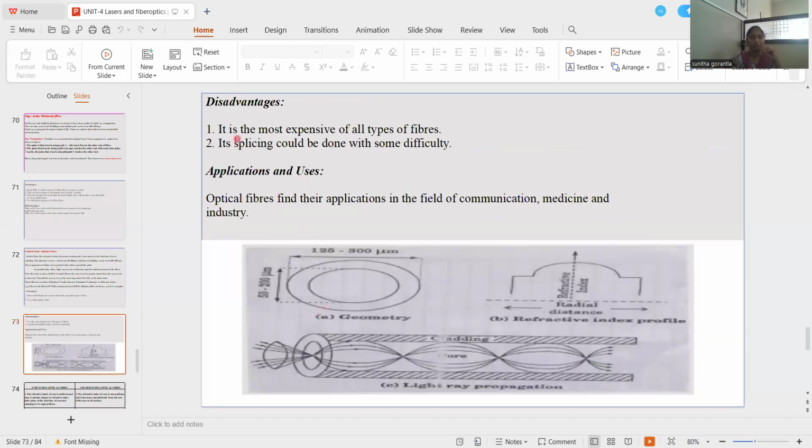Now see the disadvantages. It is the most expensive of all types of fibers, and its splicing could be done with some difficulty. Splicing means joining. Applications and uses: optical fibers find their applications in the fields of communication, medicine and industry.